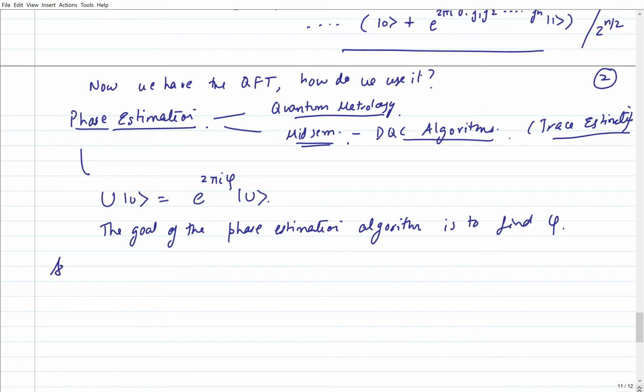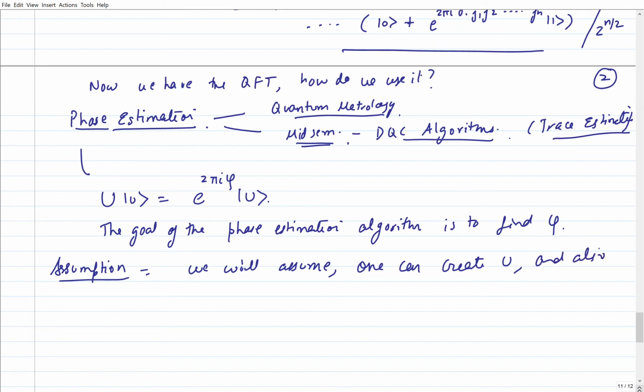So what will be our assumption? The assumption will be that we will assume one can create U and also apply U squared, and all the powers of U.